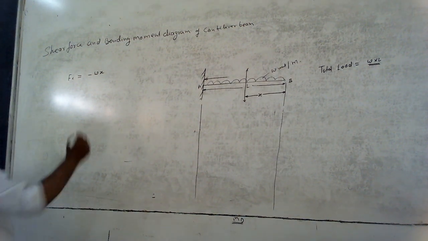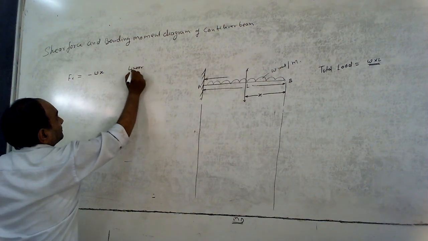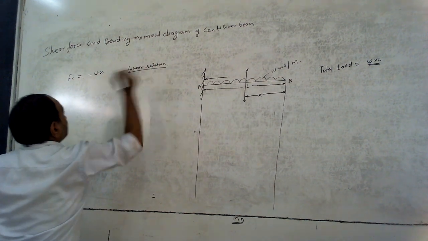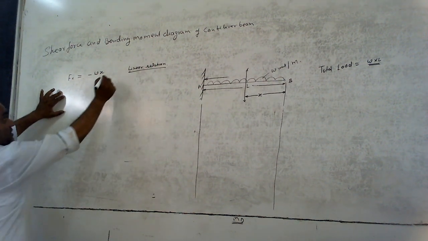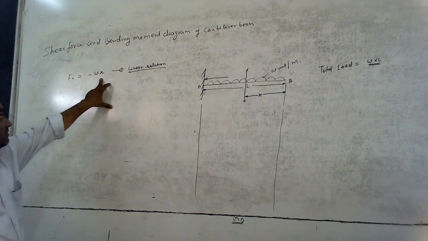and downward force is taken as a negative force. So this is a linear relation. This is equation number one. Linear relation because the power of x is 1.